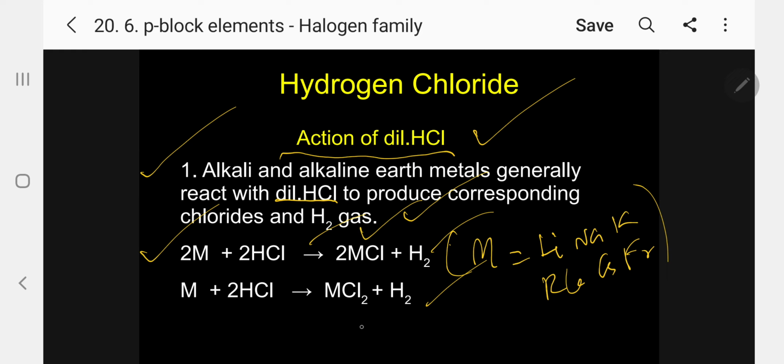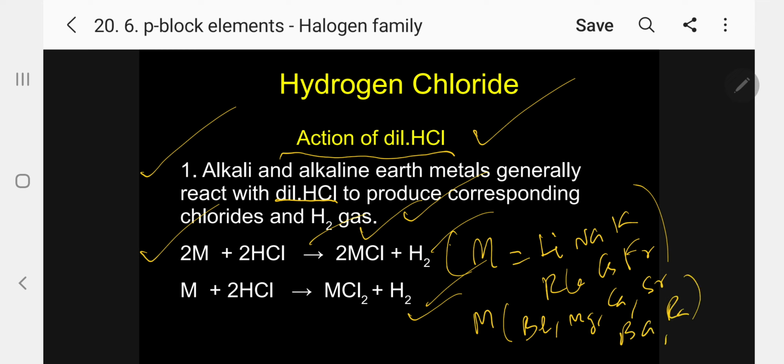Whereas here, second group alkaline earth metals, M equal to beryllium, magnesium, calcium, strontium, barium and radium. These are the metals of the alkaline earth metal, second group. All these metals react with very dilute HCl and easily produce hydrogen.